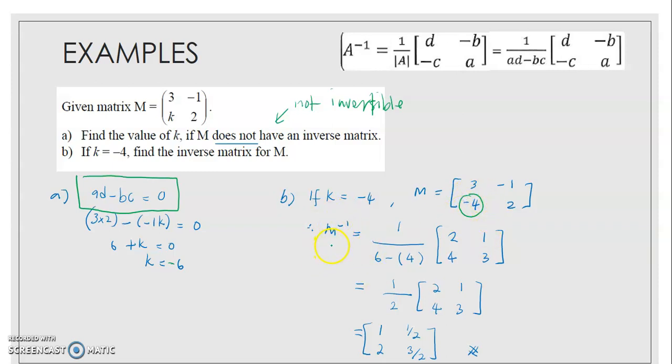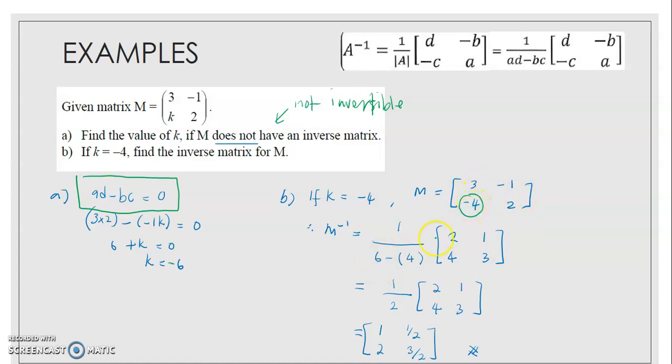So we just find the inverse of matrix M: M inverse equals 1 over 6 minus 4. 6 is 3 times 2. When we want to find the determinant here, we must refer to the original question, not refer to this element over here.